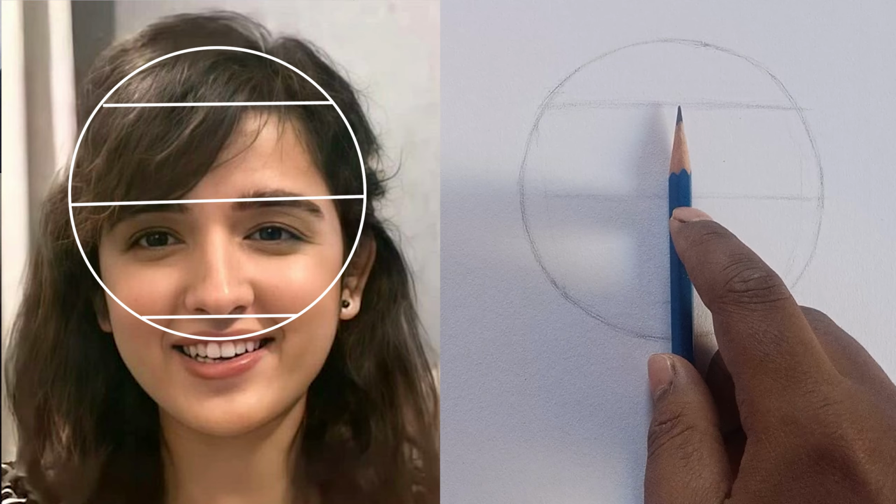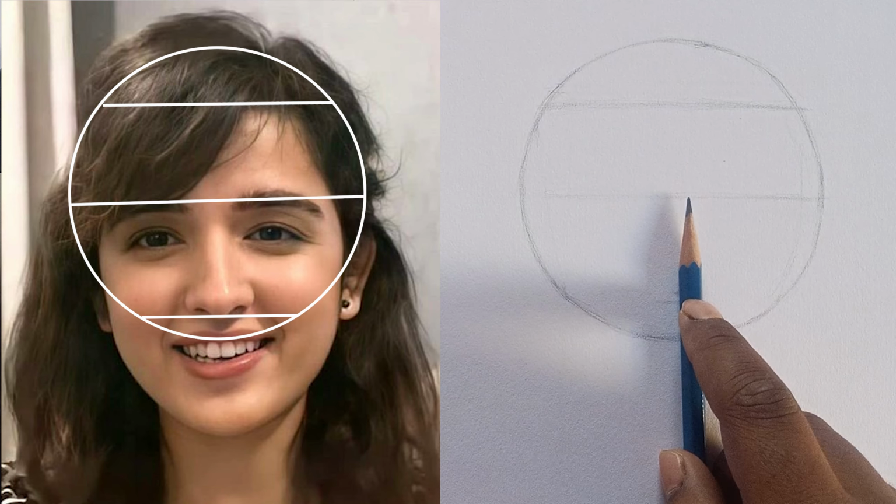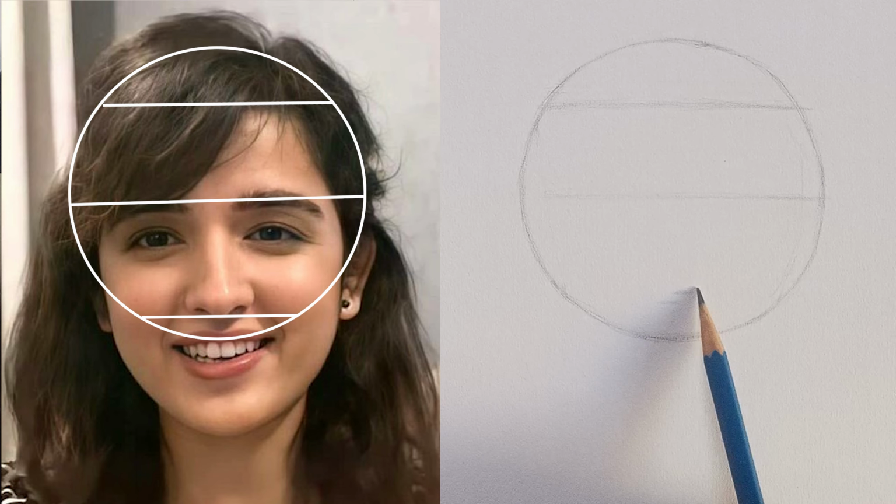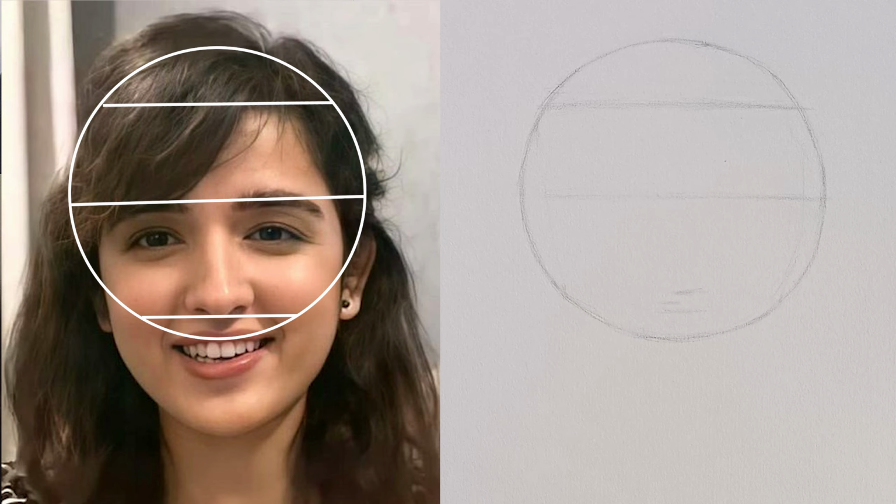To create the thirds, it is very important to know that all the three thirds are not always equal. They're always very different. So the distance between the brow line and the hairline need not be accurate or equal to the nose line. It can be slightly larger, slightly smaller, which is very rare, but it can be slightly larger. After measuring both of them, we mark the nose line.